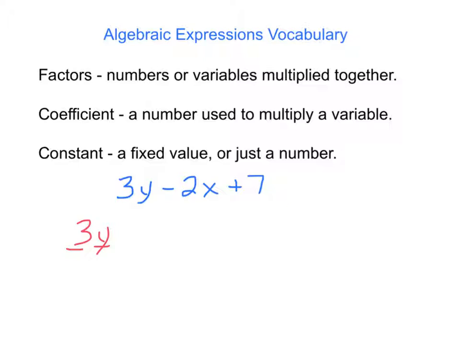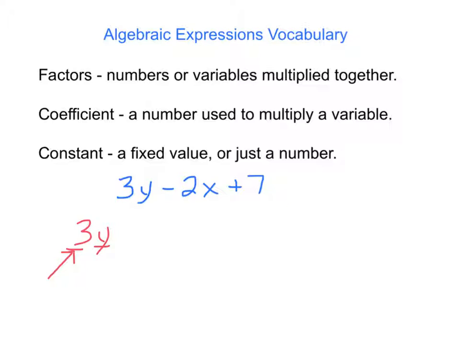But they could also be called coefficients and factors. The 3 in this particular case is a coefficient as well because it's a number used to multiply a variable. So I have a coefficient and a factor, or I could say I have 2 factors, 3 and y.